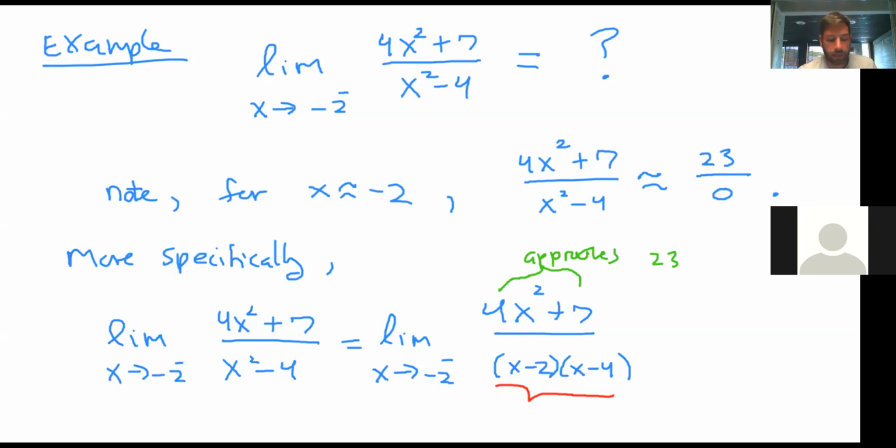So what we end up seeing is that the denominator is positive and approaches 0. So if we have 23 upstairs and downstairs we have positive numbers that are getting closer and closer to 0, we expect it to be 1 over a very small positive number, which we expect to grow and grow and grow. So we illustrate that by writing infinity.